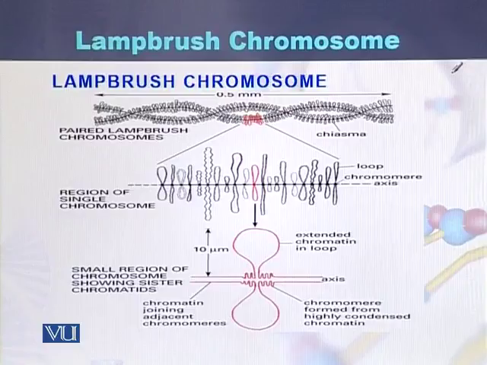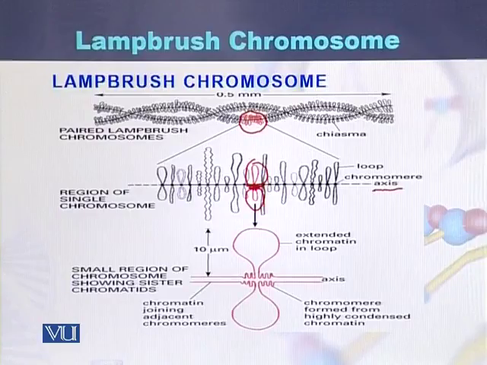This is a particular region that has been magnified. We can see that there is a central axis of the chromosome, and on both sides there are loops. This loop is attached to the central axial region, while another loop is attached to the central axial region.